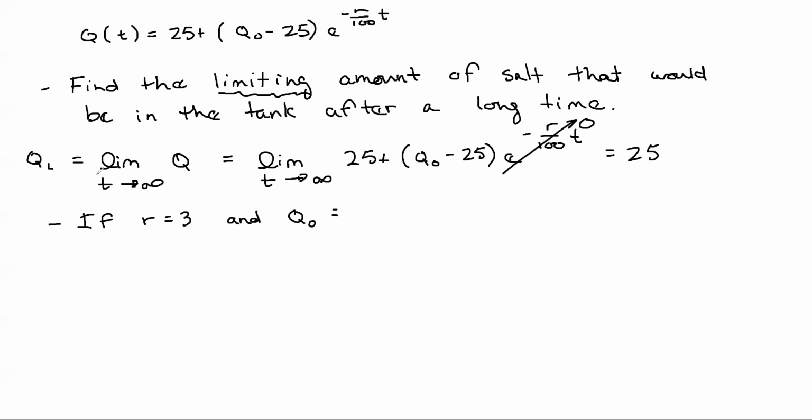And so QL is going to be 25, because we're going to use QL right now. All right, so Q naught is 2 times QL. Find the time when the salt is within 2%.